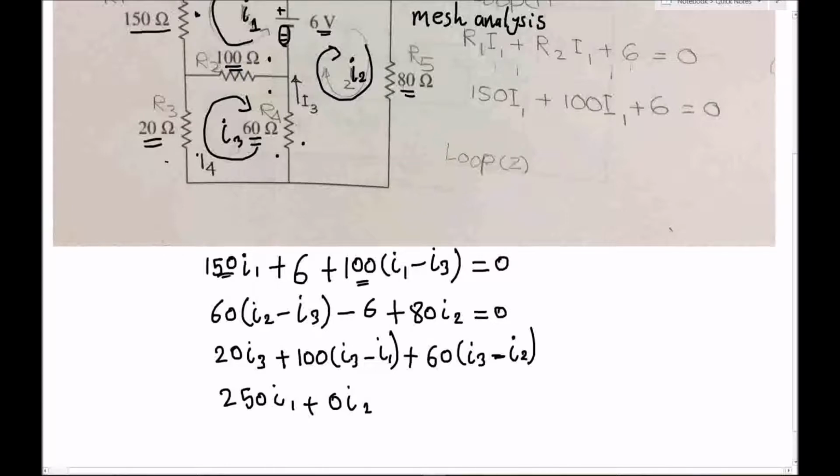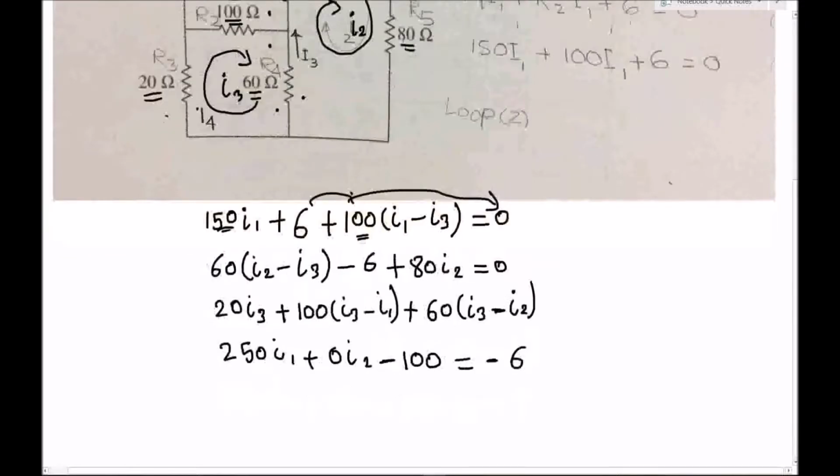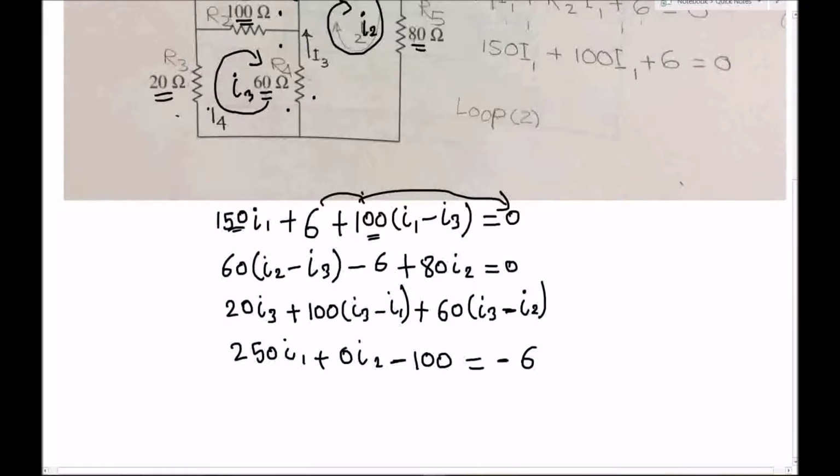بالنسبة ل I3 في كم؟ minus 100 I3. هذه 6 حنوديها الناحية الثانية، هتكون minus 6 equal minus 6. طيب هذه نجي second equation. هنا I1 ما في I1، هنحط 0 I1 plus 60 I2 plus 80 I2 يعني 140 I2.